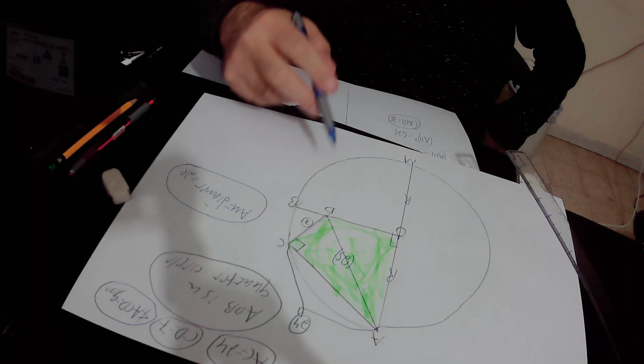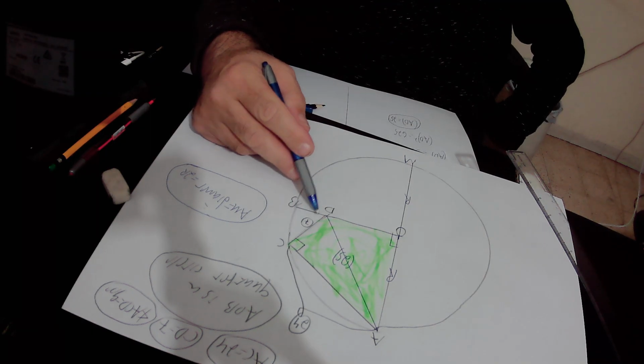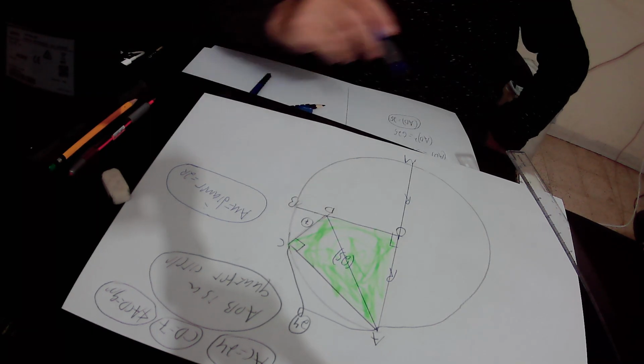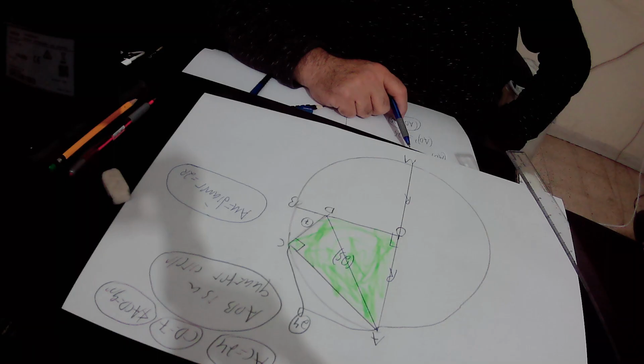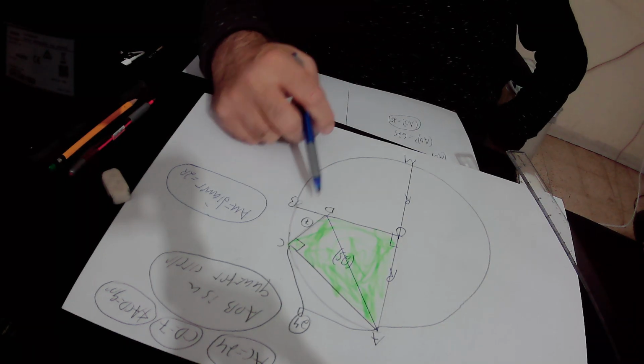in the next step we will extend side CD by a straight line until it touches the circle. And the question is where the extended side CD will touch the circle.